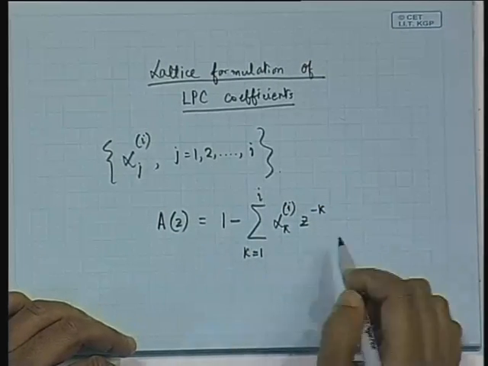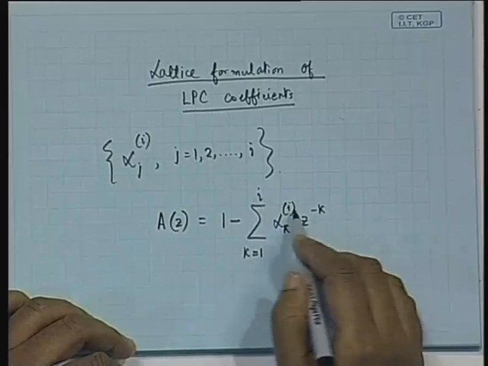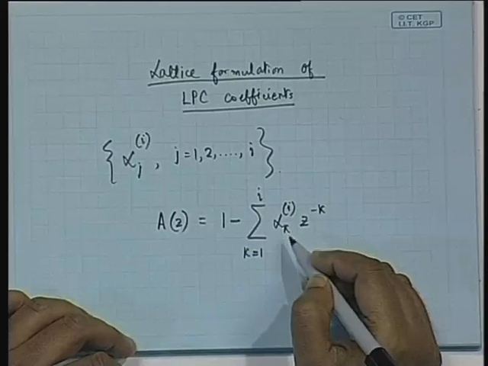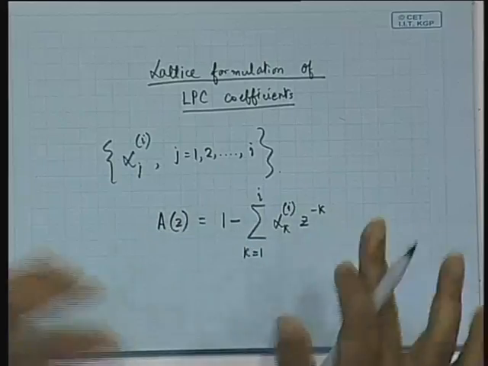So again, with this ith order prediction, we are expressing the filter. Let's imagine that we are able to realize a filter using these prediction parameters alpha k.